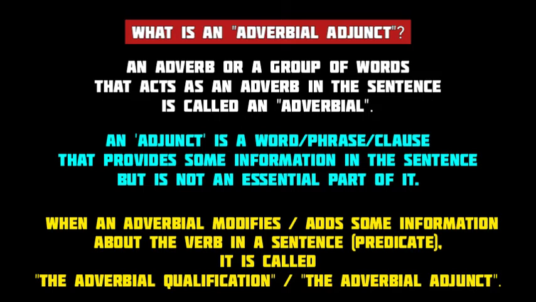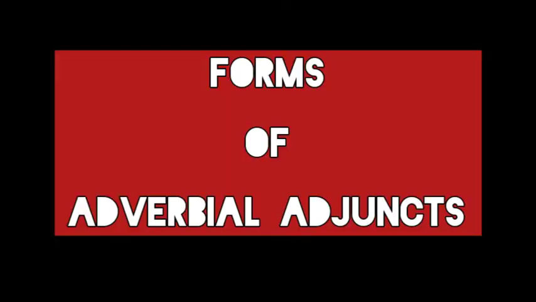So we understand that an adverbial qualification or an adverbial adjunct modifies or qualifies the finite verb in the predicate of the sentence. Well, adverbial adjuncts to the predicate may come in different forms.